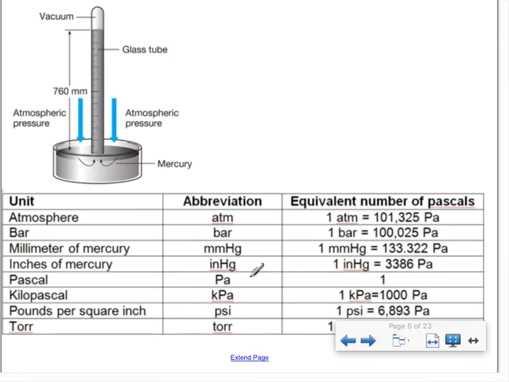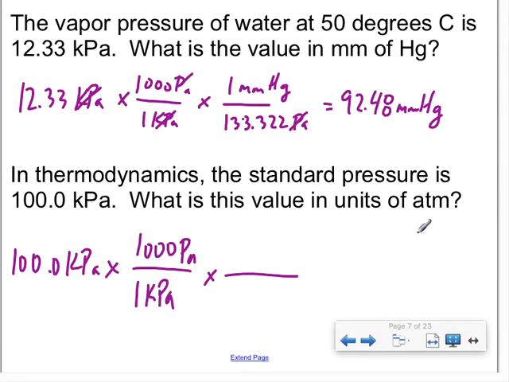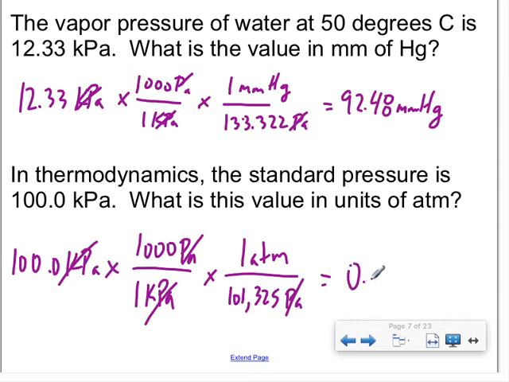So here's pascals, here's atm. 1 atm is 101,325 pascals. So my kilopascals will cancel out, my pascals will cancel out, my unit will be atm, I multiply and divide across, and I get roughly 0.986 atm.